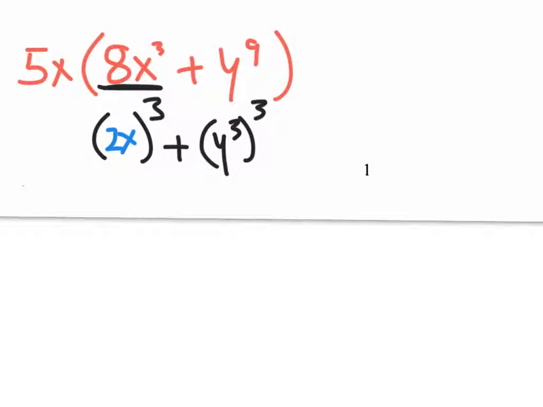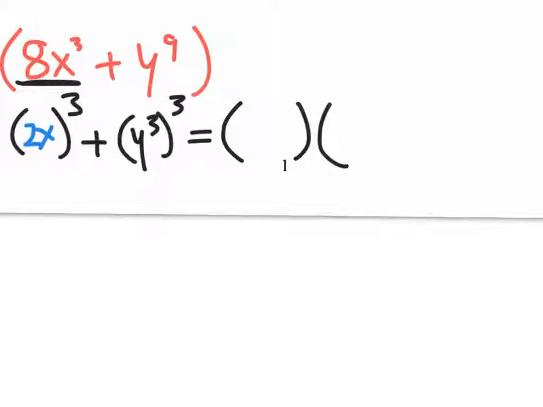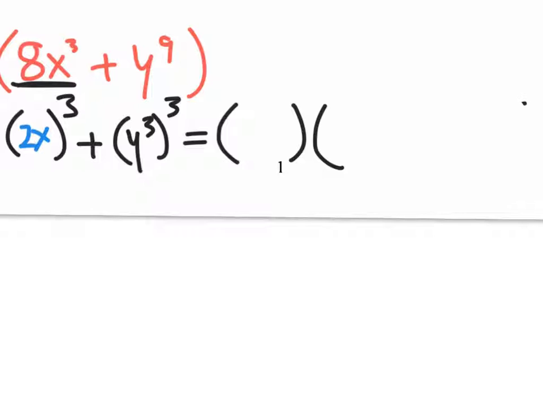So let me jump right in to the sum of 2 cubes formula. The sum of 2 cubes formula is a binomial times a trinomial. So what is the binomial going to be? It's going to be the same exact thing we see out here, but without the exponents of 3 on the outside. So we're actually going to have a 2x plus y to the third.